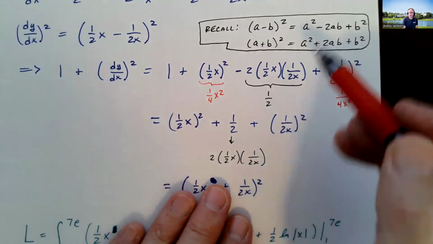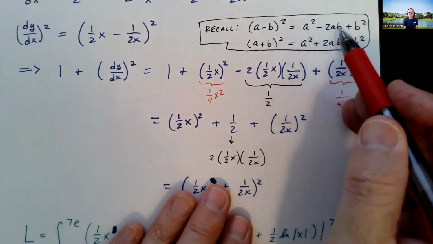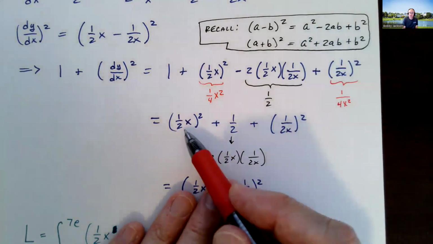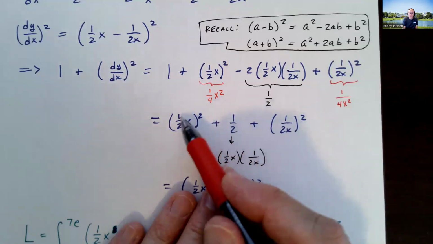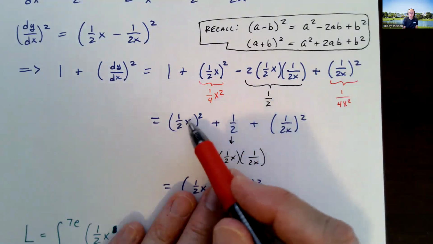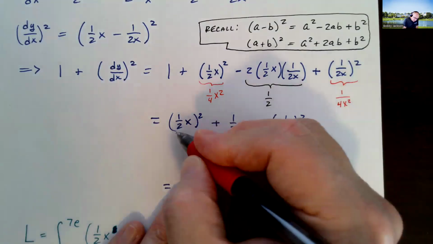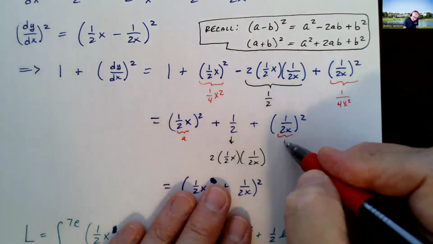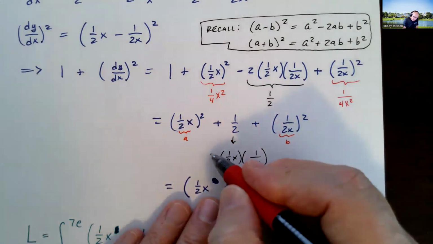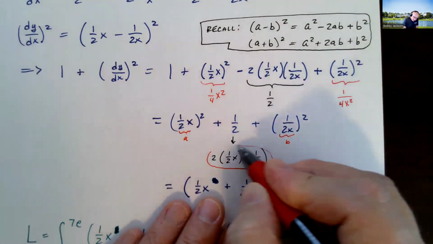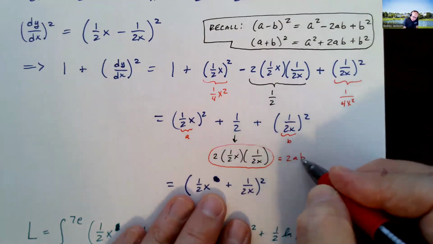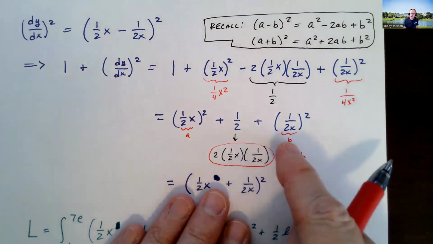And so notice I went from this expression to this expression. This is 1/4 x squared, I've just rewritten as 1/2 x quantity squared. So this is a, and the 1 over 2x is the b, and this 1/2 is equal to 2ab. So this is a squared plus 2ab plus b squared.